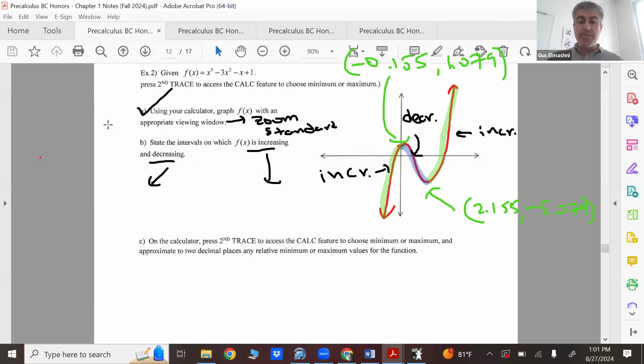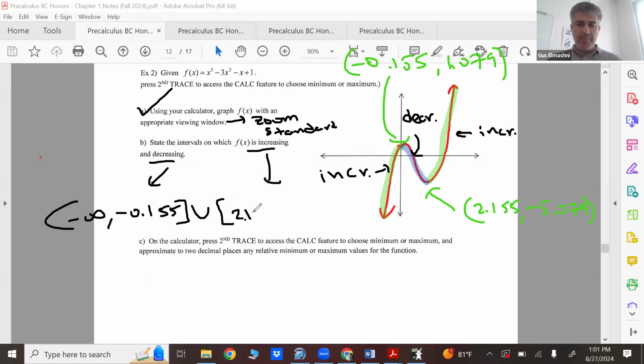So where is it increasing? From negative infinity to negative 0.155. And again, from 2.155. So that's increasing. My bad.